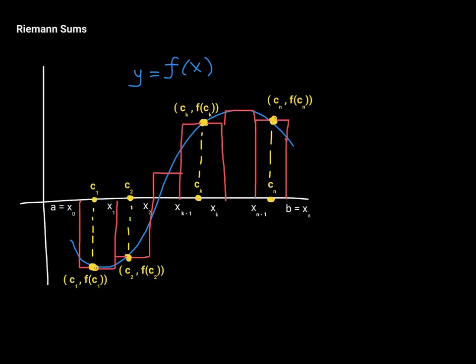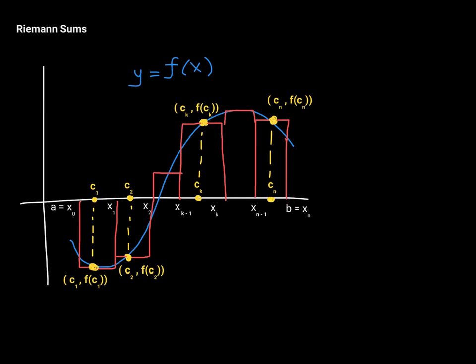So this is what we have. Notice that our interval from a, which is x naught, all the way to b, which is x sub n, has been partitioned or subdivided into subintervals. Here's the first interval from x naught to x sub 1, second interval from x sub 1 to x sub 2, the kth interval from x sub k minus 1 to x sub k, the nth interval from x sub n minus 1 to x sub n.